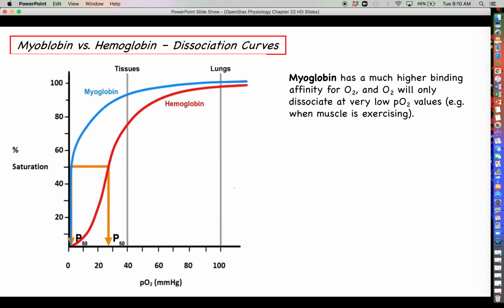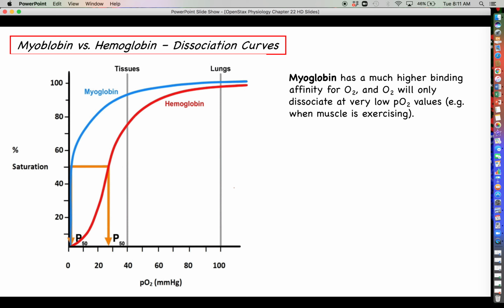What this basically means is that it's going to be much more difficult to convince myoglobin to release its oxygen. As we interpret the curve here for myoglobin, the only way you can start to pull oxygen off of myoglobin is when the partial pressure of oxygen in the area gets extremely low, practically towards 0.